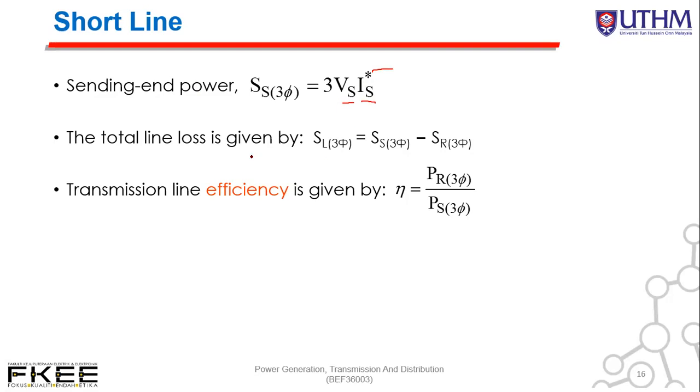The total line losses SL, three phase, is given by S sending three phase minus S receiving three phase. We then get the transmission line efficiency, which is the real power at the receiving end divided by the real power at the sending end, three phase.